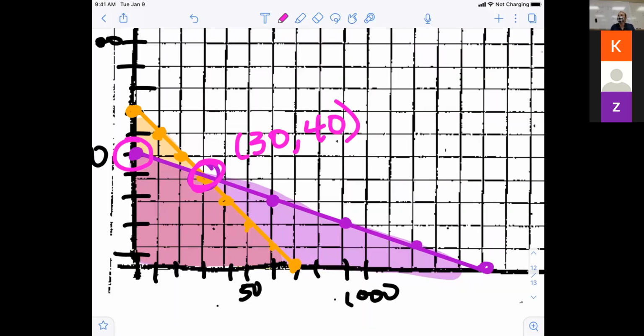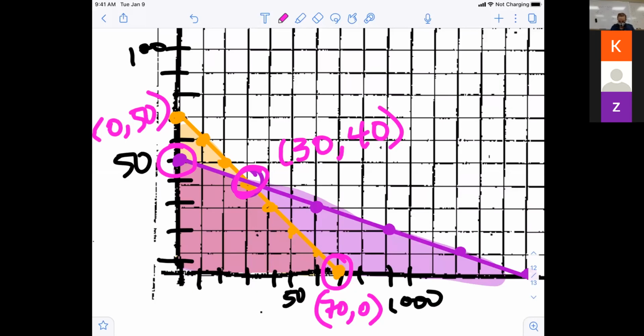That's at 0, 50, so I have to check 0, 50. And I've got one more point that's also in the orange and the purple, and that's the point 70, 0. All right, so we got to check those.